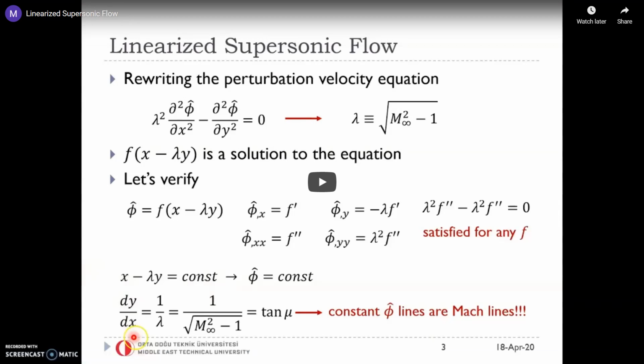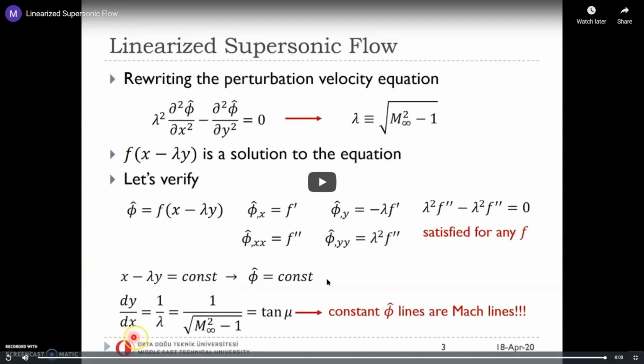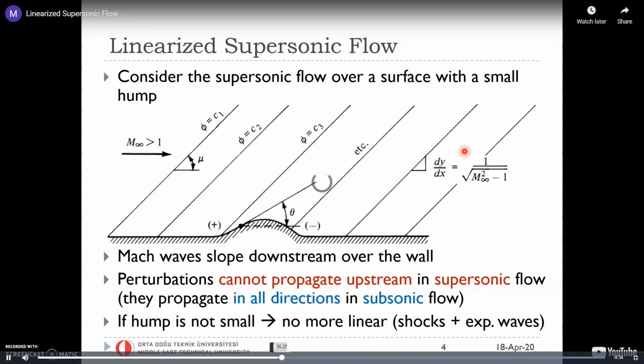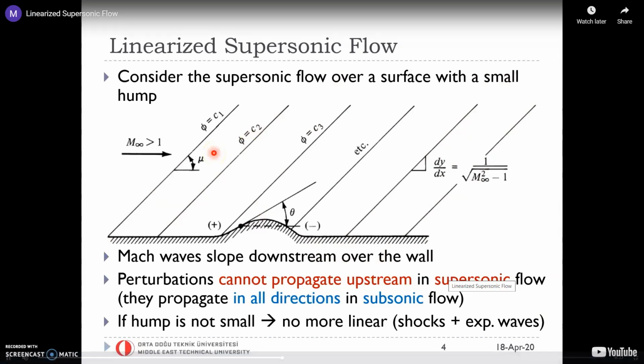First of all, let me see if I can rewind this video to show you this sketch here. So first of all, guys, we are talking about linearized supersonic flow, and yes, we are talking about a supersonic flow, but there are no shock waves.